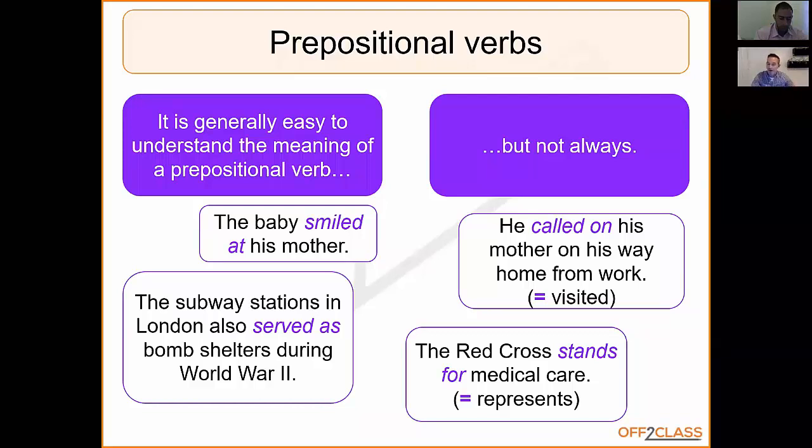They're quite a large group, and as I said, the meaning of the prepositional verb tends to be the meaning of the main verb, but not all the time. You can see on the right-hand side of the slide, called on is visited and means represent. So the meanings aren't easily discernible from the verb and the preposition, but it's a start.